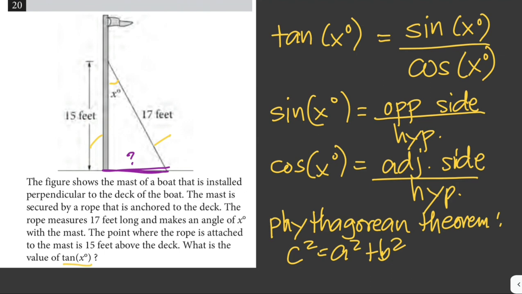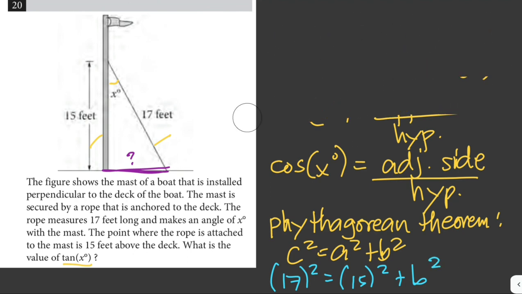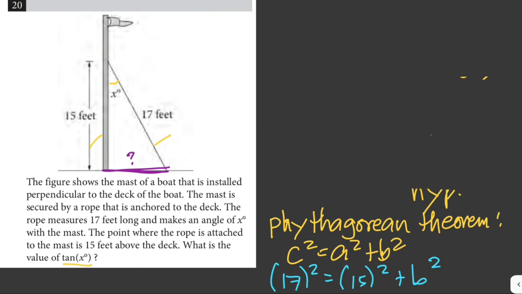So our c here is our hypotenuse, which is 17 feet. And then we have 15 feet. And we look for the value of the other side. So this is just b squared equals 17 squared minus 15 squared.